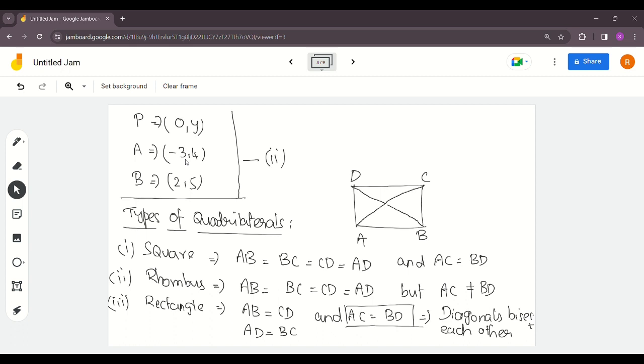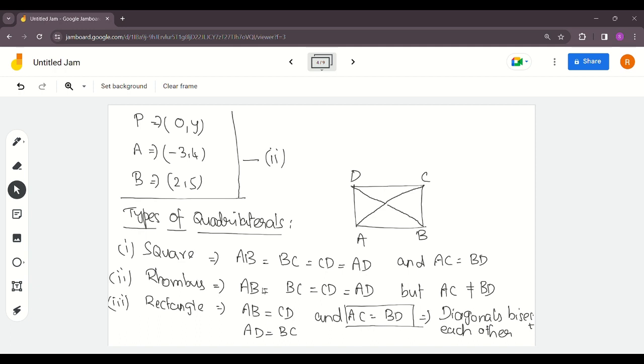So we'll see the special types of quadrilaterals, which are square, rhombus, rectangle, and parallelogram. A quadrilateral, as you all know, is a four-sided figure. For a given quadrilateral to be a square, all the sides should be equal, and also the diagonals. So if everything is equal, then you call it a square.